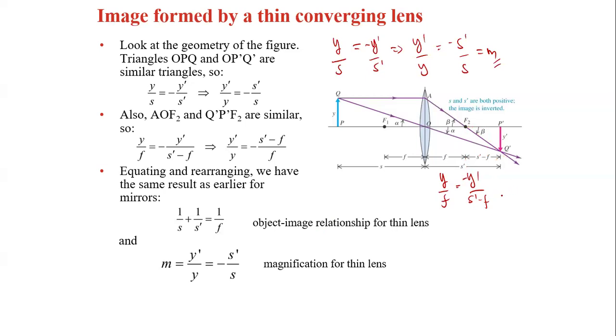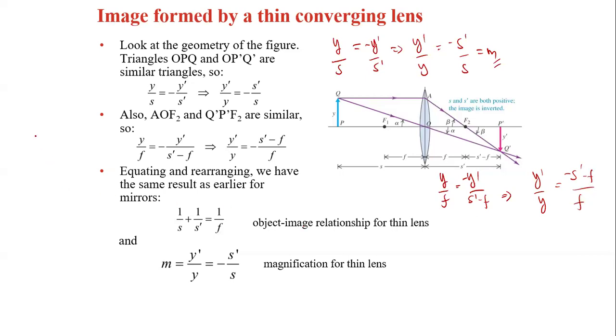So this implies that y prime over y equals negative s prime minus f over f.